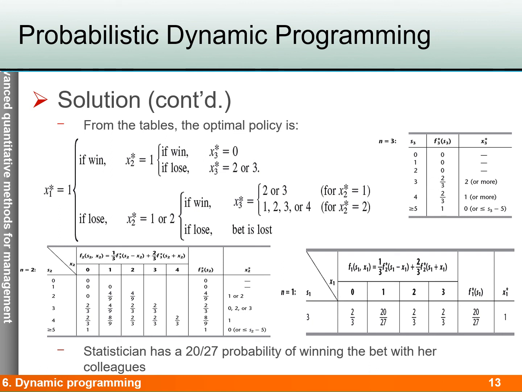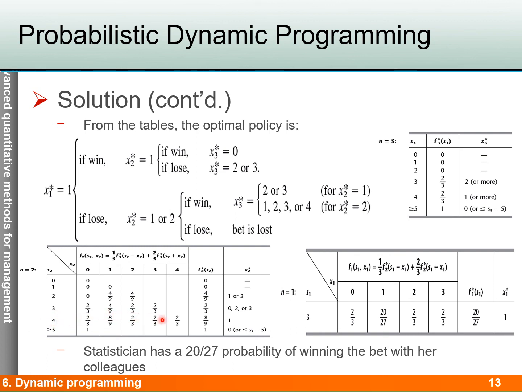As you see here, our decision in the first round is betting 1, okay? So betting 1, if the statistician wins this one, it means that at the second round, she starts with 4 chips, okay? With the 4 chips.